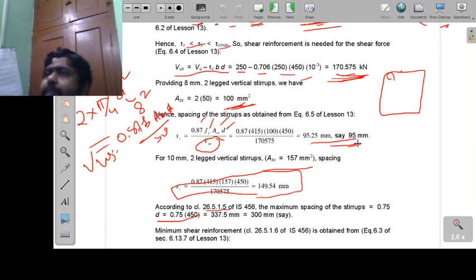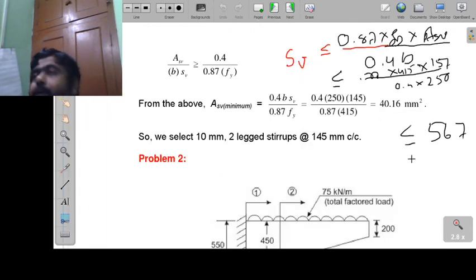So, 95 is enough, because we can go up to 567, but the maximum spacing is saying you provide 300, and as per this equation, even if we provide 145, that is okay, because 145 is also 100% satisfying the minimum reinforcement criteria. We are providing 145, the maximum spacing we can give is 300, and as per this equation even if I provide less than 567, that is also okay.